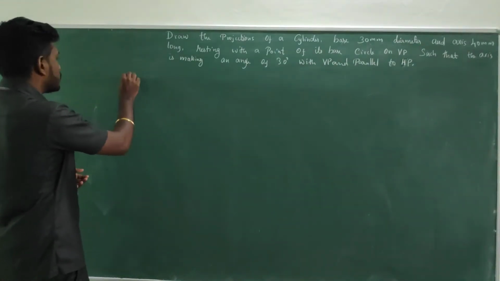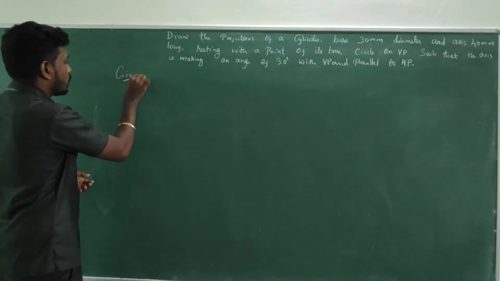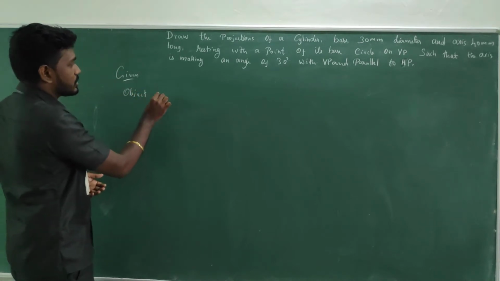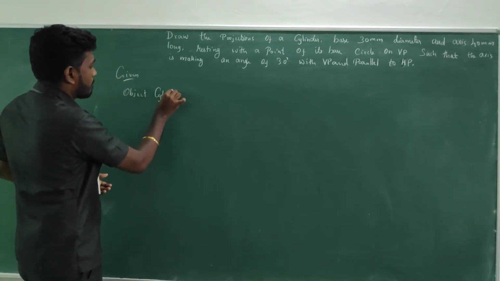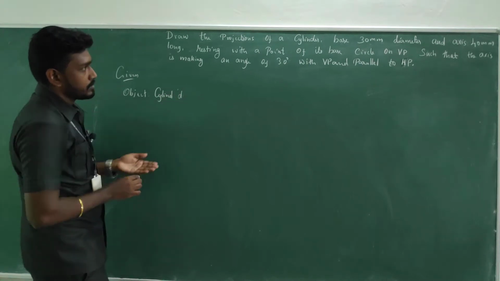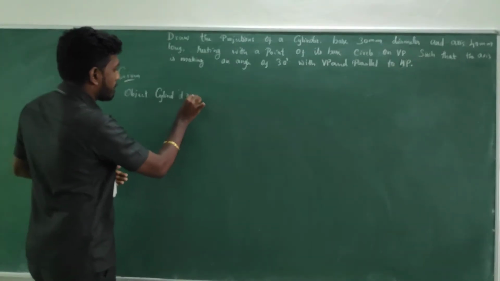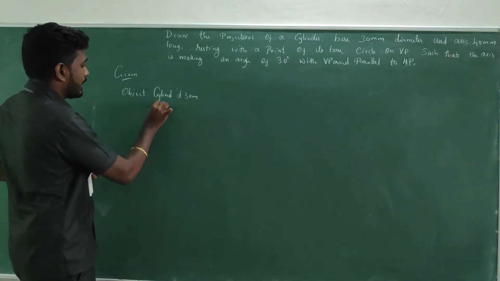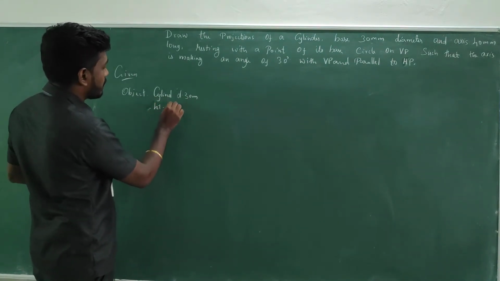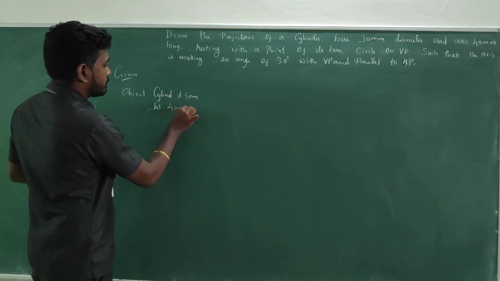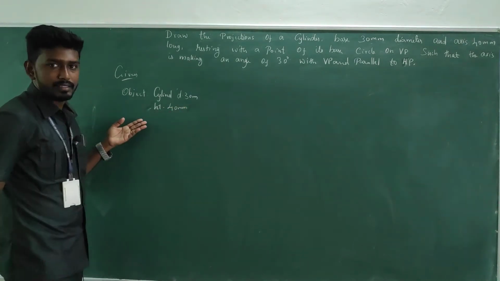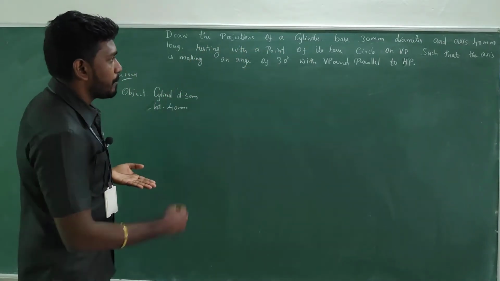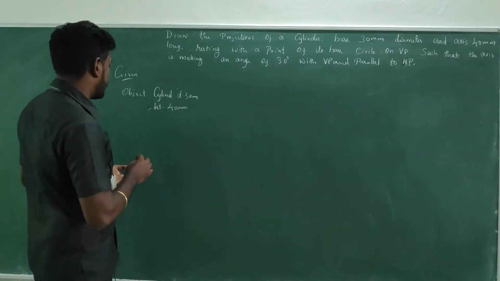Okay, so what is the object given? Object is a cylinder. What about the diameter? It's 30 mm. And the axis height, the height of the cylinder, is given, which is 40 mm. And then resting with a point of its base circle on VP.